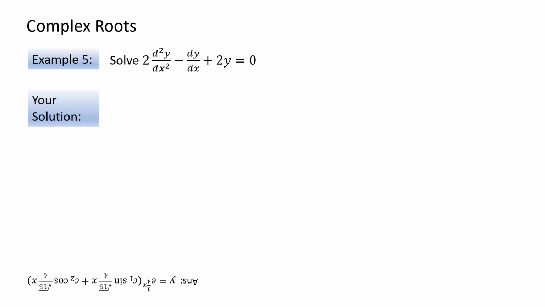Solve 2 d squared y by dx squared minus dy by dx plus 2y is equal to 0. So again, we're going to substitute in d squared y by dx squared is equal to m squared, dy by dx is equal to m, and y is simply 1. And what we have is 2m squared minus m plus 2 is equal to 0.